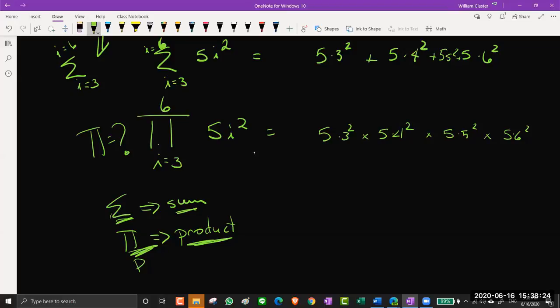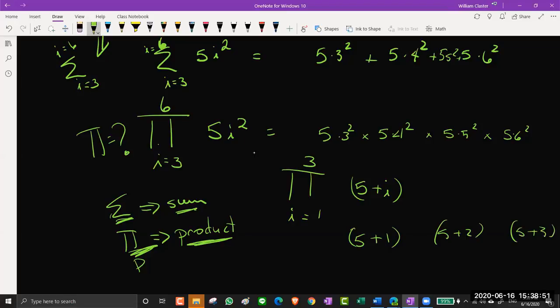Okay, so what about this one? What's that going to be? So first I put in i equals 1. Then I put in i equals 2. Then I put in i equals 3. And now what?